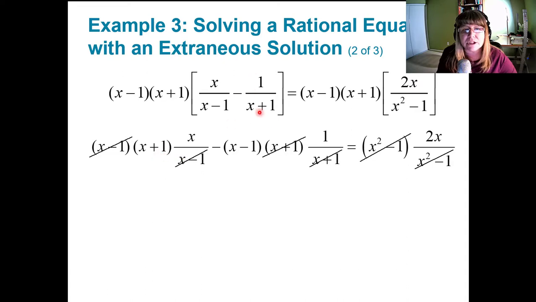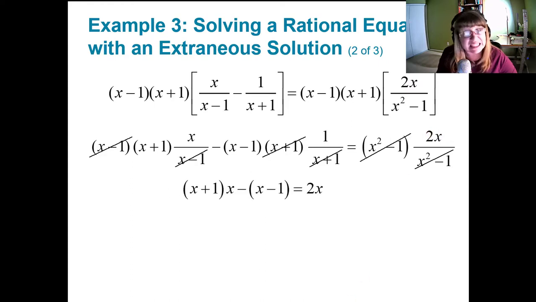For the second term, the x plus 1 and the x plus 1 in the denominator will also cancel out, leaving us 1 times x minus 1, keeping in mind we have a subtraction there. For the right-hand side, because x minus 1 times x plus 1 multiplies to x squared minus 1, this will cancel the denominator out, leaving us 2x.